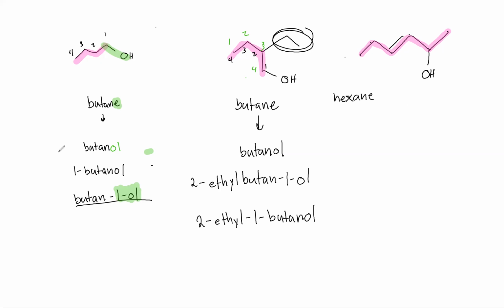The OH right here is going to turn this into hexanol, whereas this double bond right here would turn it into hexene. So let's write down both of these. So if I say hexanol for the alcohol and hexene for the double bond.